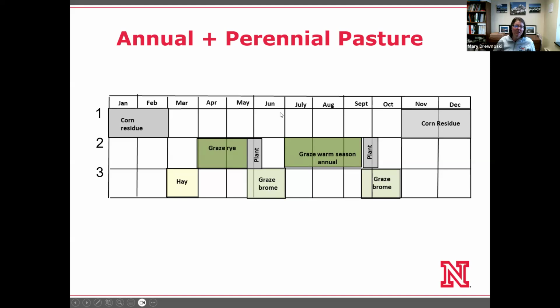So in May and June, we're using brome grass with the cows. And then in September and October, we come back to brome grass after we get off our warm season annual. And then we go to corn residue, graze corn residue, and then feed hay here in March. So a lot of different options depending on your situations and a lot of different ways to do this.